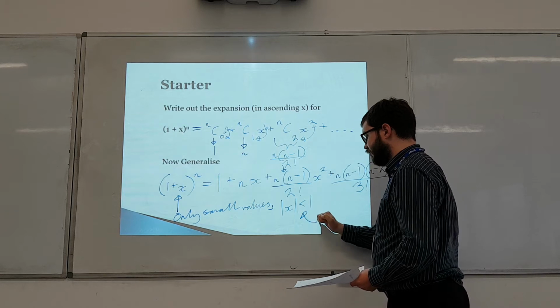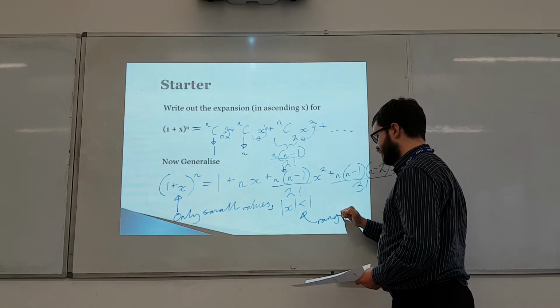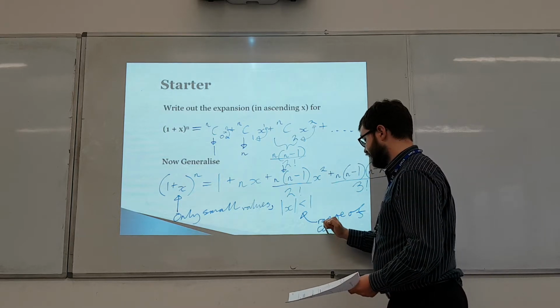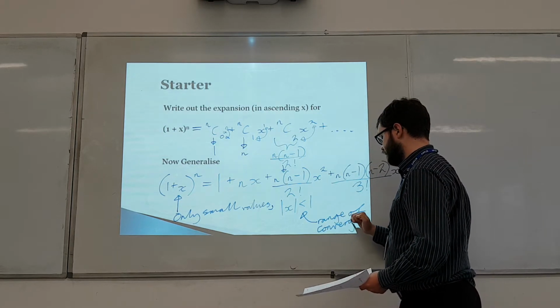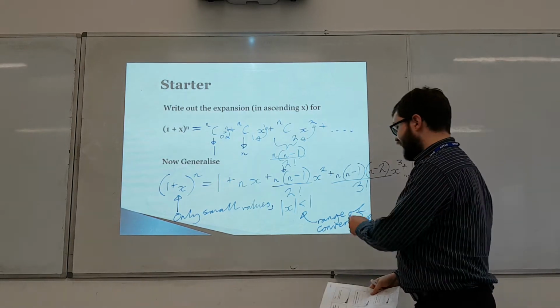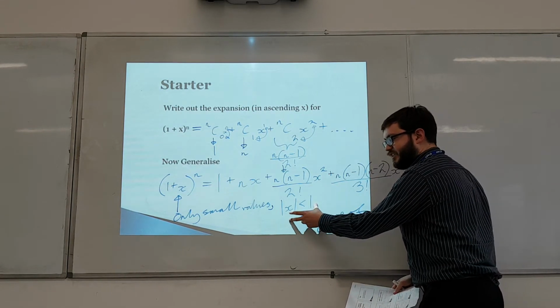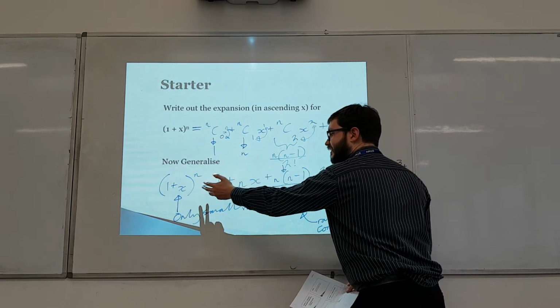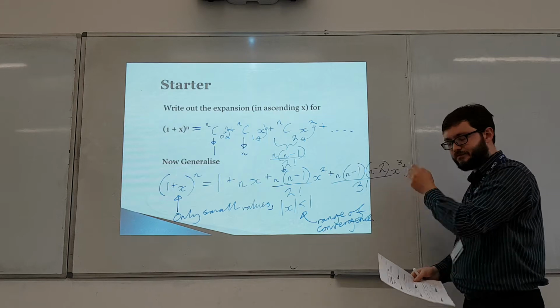This is also known as the range of convergence, if you wish to Google it for more information. But even as a brief rule of thumb, keep that in mind. This is a criterion that you need to satisfy to be able to say that this can be expressed as this.